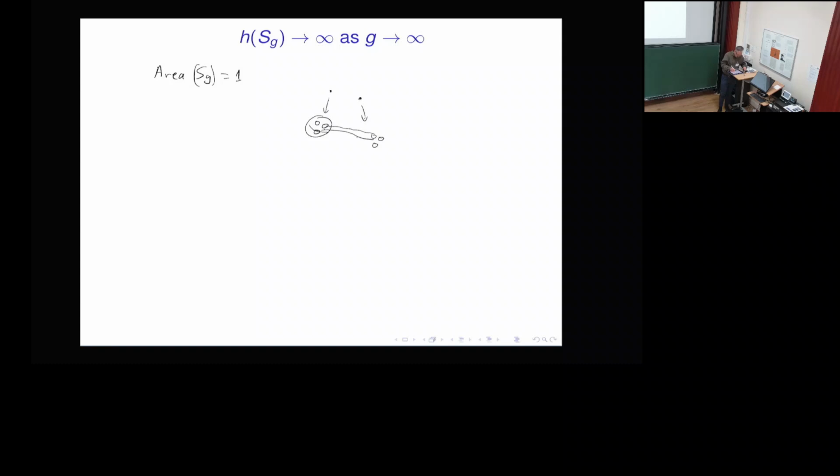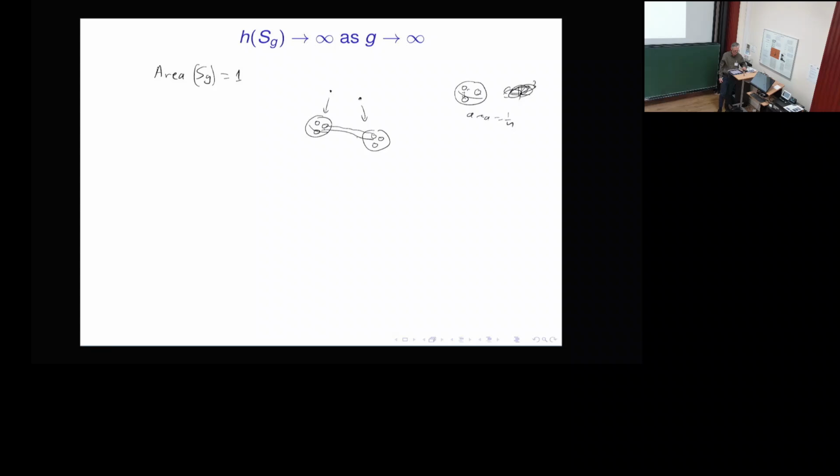So here I just take the standard sphere in R3, or actually the standard Riemannian sphere, of area equals 1 over n. So it has huge curvature. And I take 3 holes which are regularly spaced, at distances comparable to their diameter.